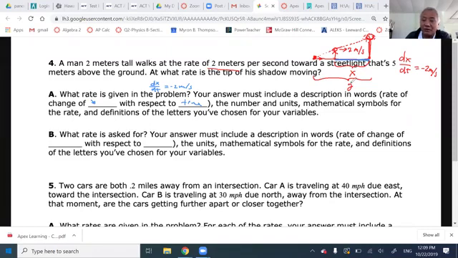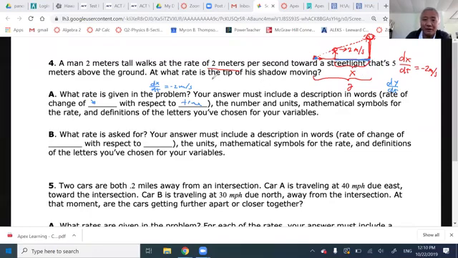So now you have to go this way. When the person moves to the right, the tip of the shadow, the distance y to the street light, changes. So they actually ask you for dy/dt, because that's what I'm looking for.